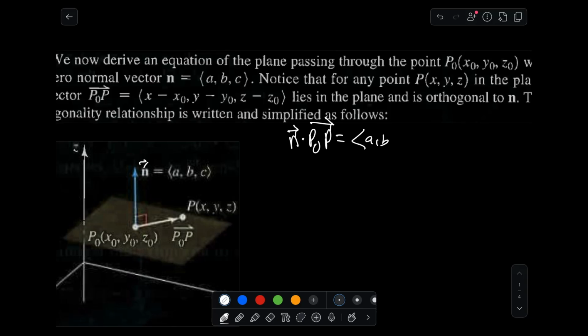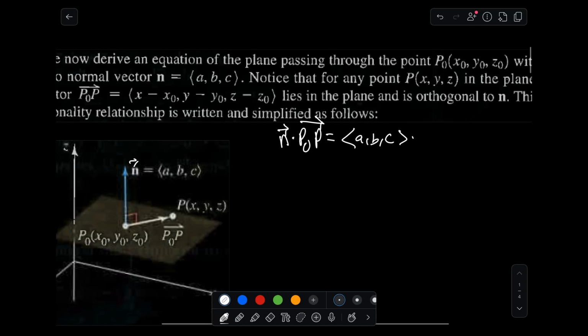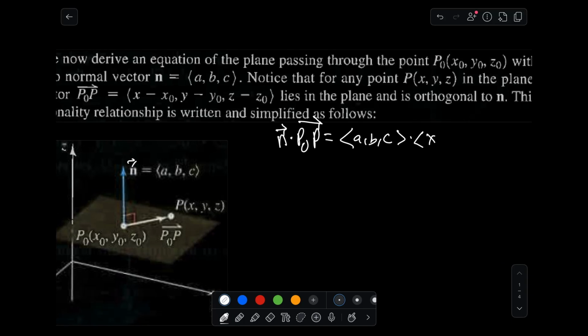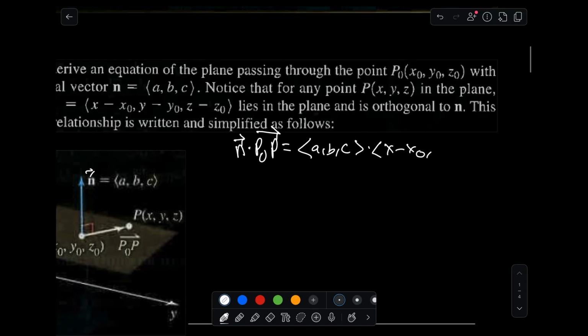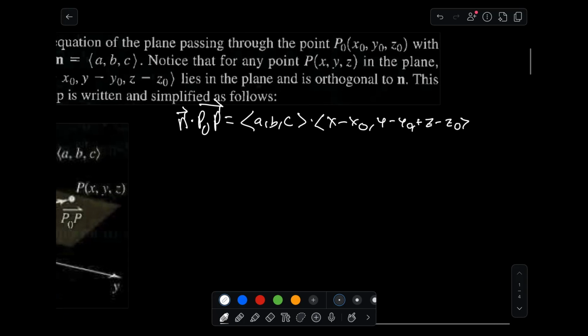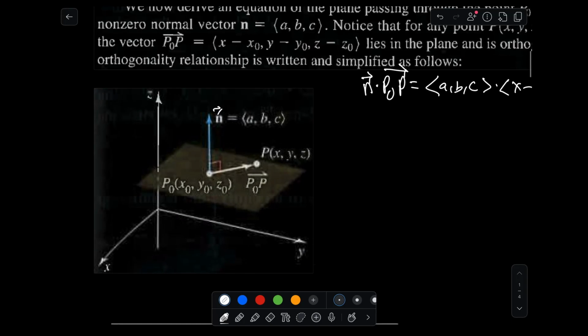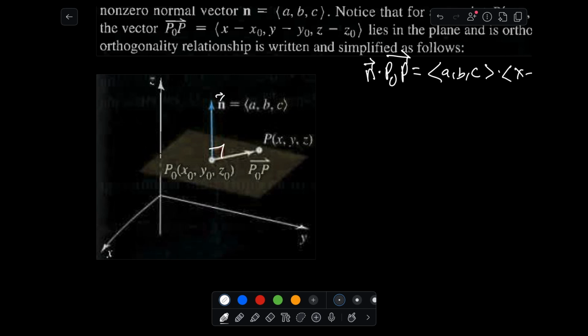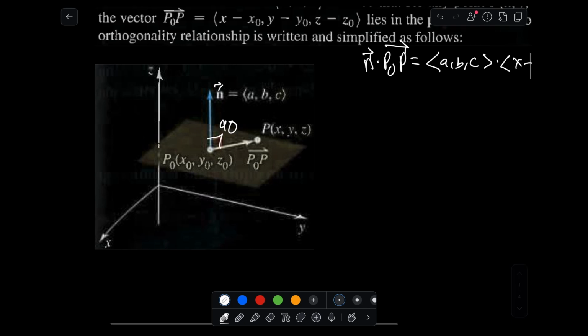equals ABC, again, ABC is completely arbitrary, dotted with x minus x naught, y minus y naught, z minus z naught. And then this is all going to equal 0 because this is going to be a cosine of 90, and cosine of 90 is equal to 0.